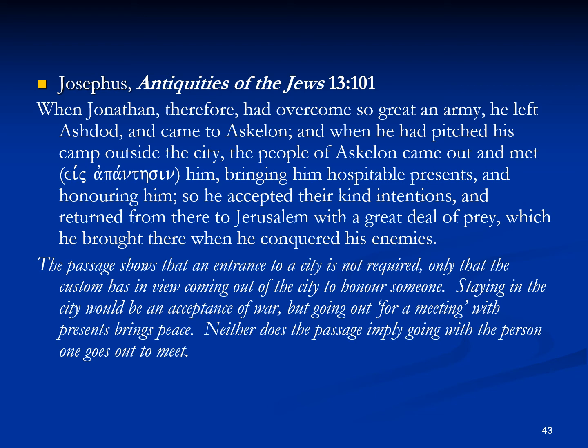Neither does the passage imply going with the person somewhere else when one goes out to meet the person. So you can see that I'm trying to say that we don't have to read this 1 Thessalonians passage, chapter 4, verse 17, as if we go out to meet Jesus in the clouds and then he takes us back to heaven. What is going on?